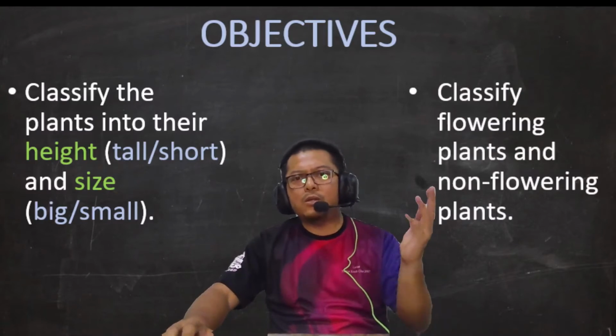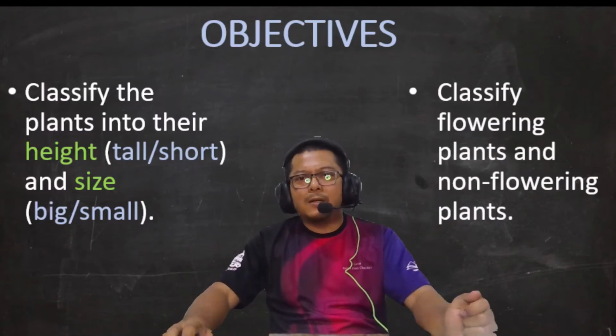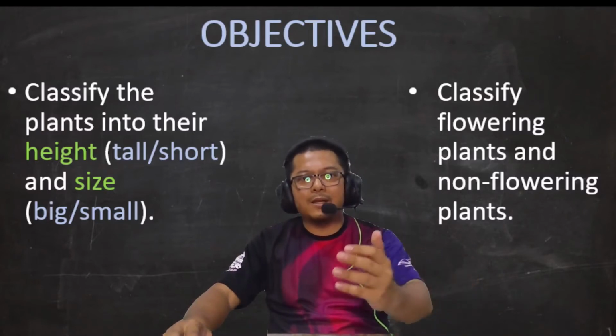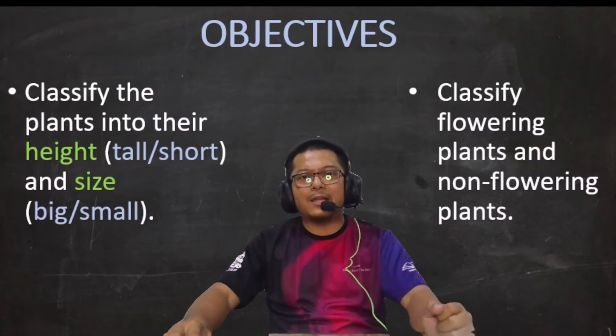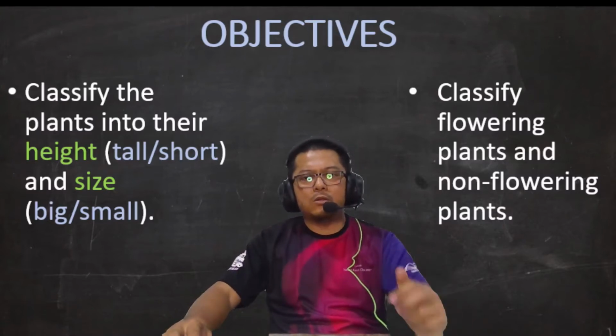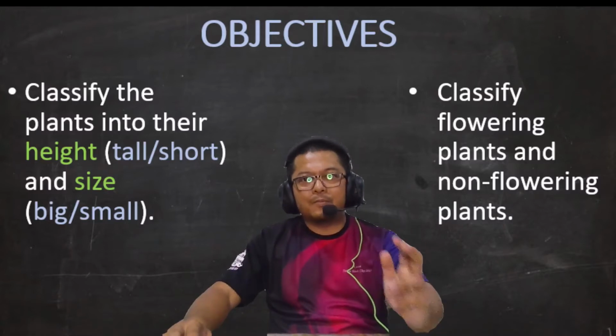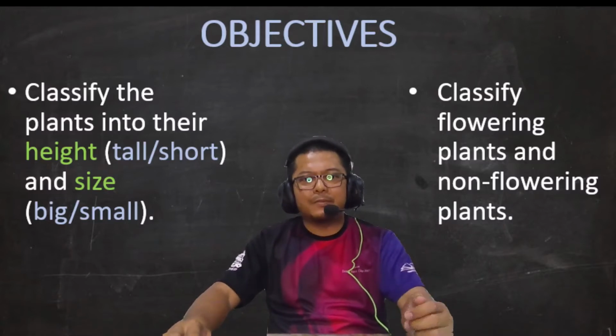And we shall also talk about classifying flowering plants and non-flowering plants, to group plants into flowering plants and non-flowering plants. So this would be a long lesson, so stay with me.